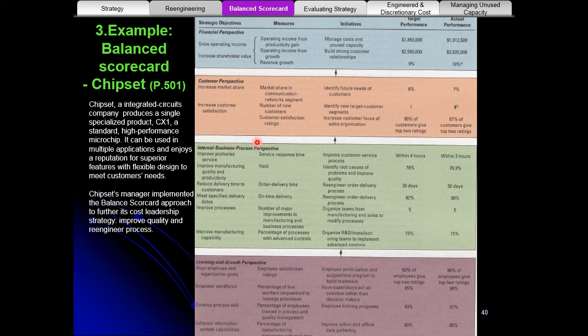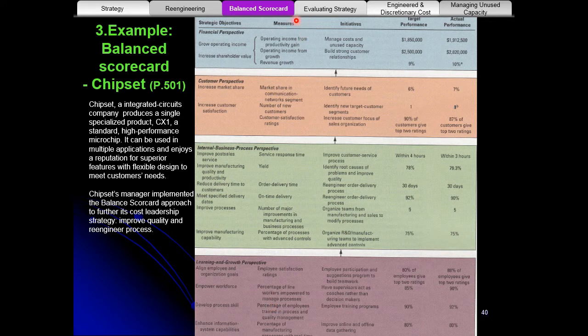At the internal business process perspective, it's improving post-sales service, improving manufacturing quality, meeting specified delivery dates, improving processes, improving manufacturing capability. And learning and growth perspective, aligning employee and organizational goals, empowering the workforce, that is motivating the workforce, developing process skills, and enhancing information system capabilities. So you can see that these are priorities that may drive the type of measures that we need at each of these four perspectives.